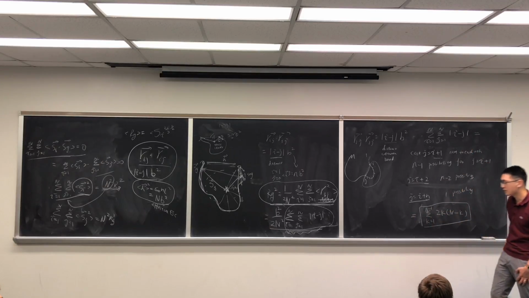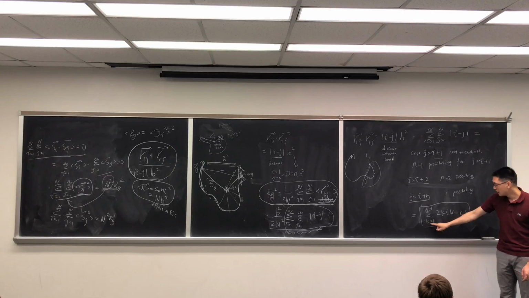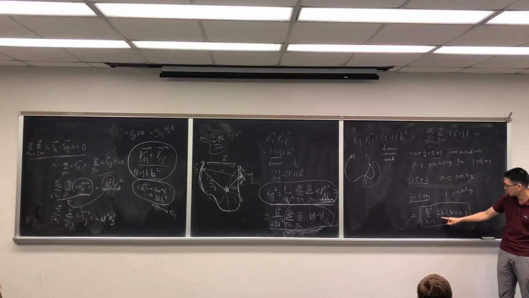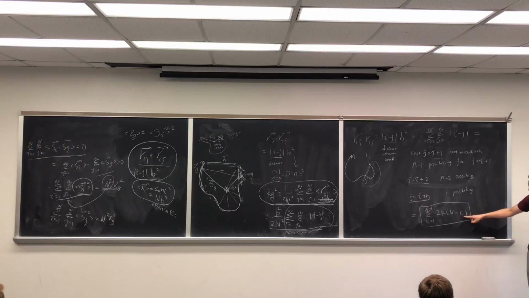Why is that? Let's call it a new constant k. If k equals 1, what you have is 2 multiplied by k, multiplied by n minus k.